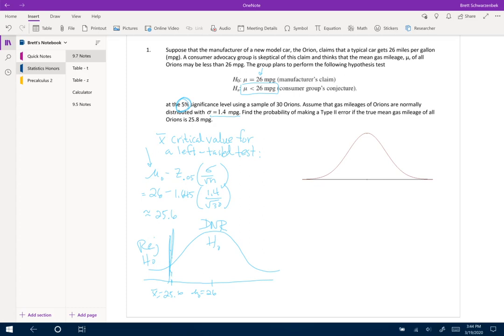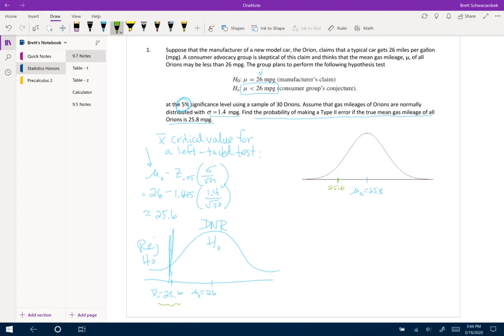So if you look at this, it says find the probability of making a type 2 error if the true mean gas mileage of all cars is actually 25.8. So in our new curve we have an alternative mean of 25.8. Okay, so we want to take our value here, our 25.6, and place it on our new distribution.